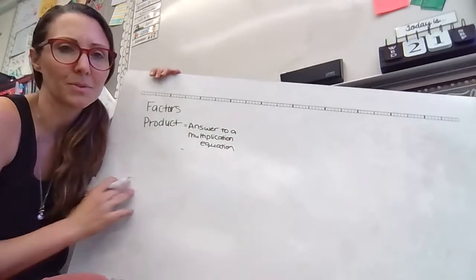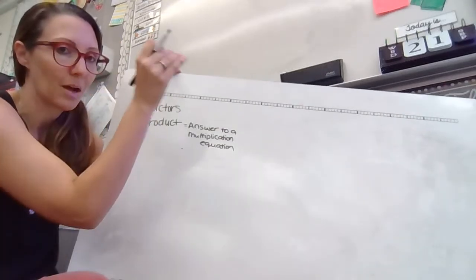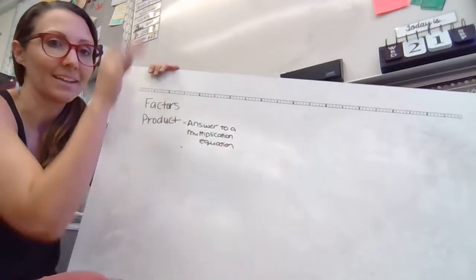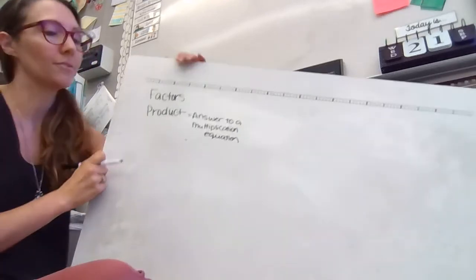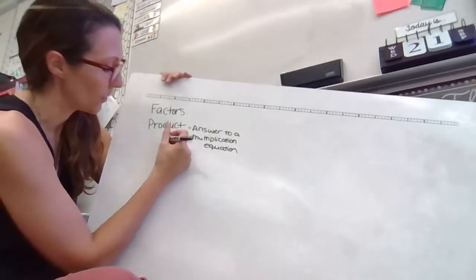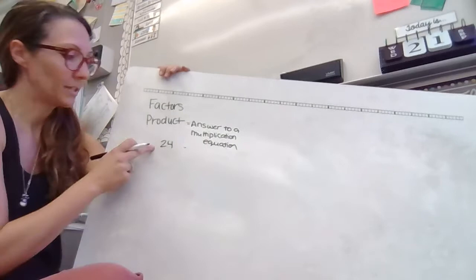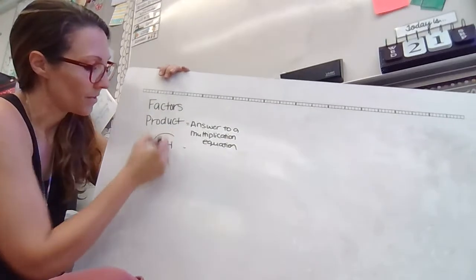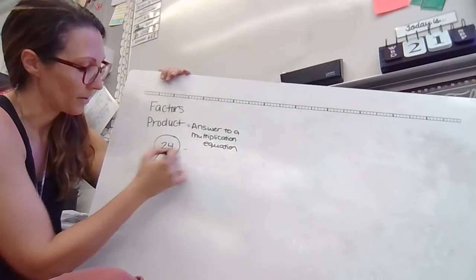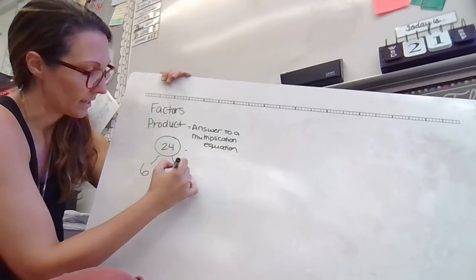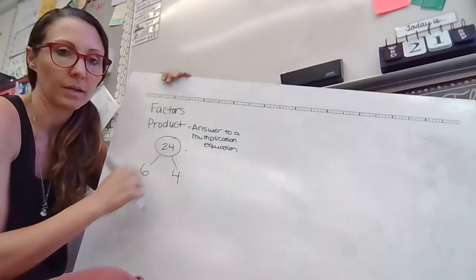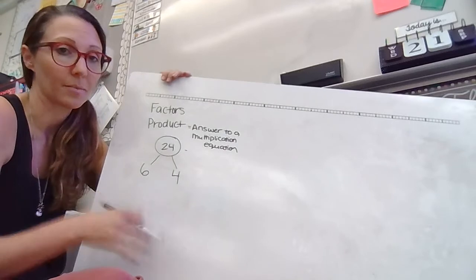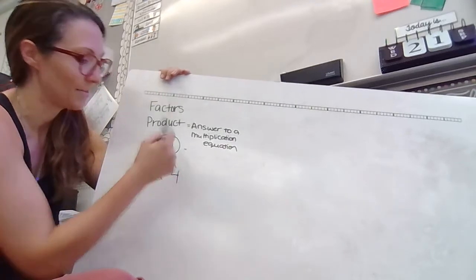So we talked about those math mountains before where we have the number up top and then we were doing the adding, like what numbers add up to it. And we can do that with multiplication as well. So if I have the number 24 as my product, the factors that make up this number could be 6 and 4. Right? I can break those numbers up. And we can break these numbers up smaller, but for right now we can say 6 times 4 is 24.